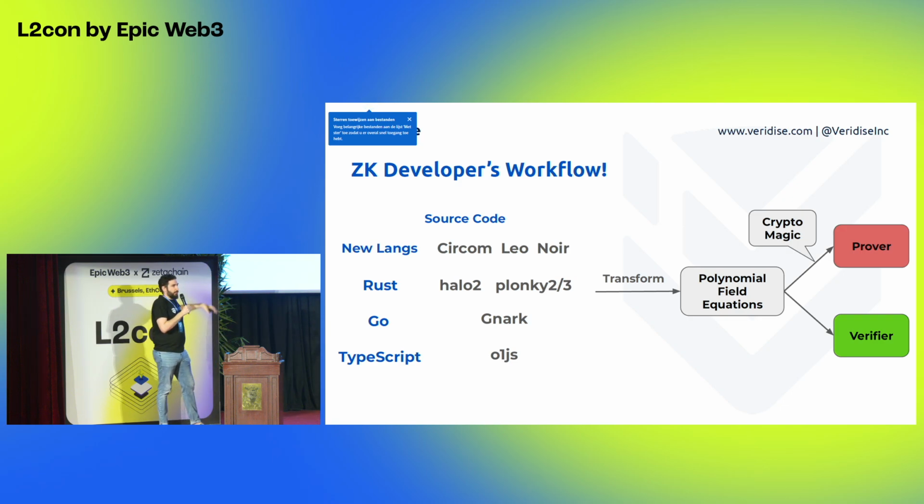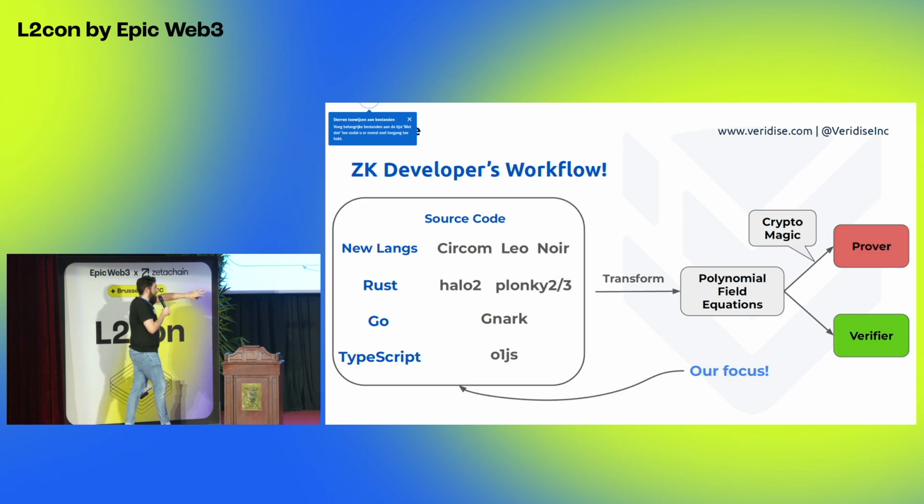Then from that, you magically get transformed to a set of polynomial constraints. Then you have some crypto magic happening on the back end, and you automatically get a prover and verifier. The prover is the off-chain component. The verifier is the on-chain component. For the purpose of this talk, we're going to focus on bugs that happen on this side of the diagram. The other side is a story for another day.